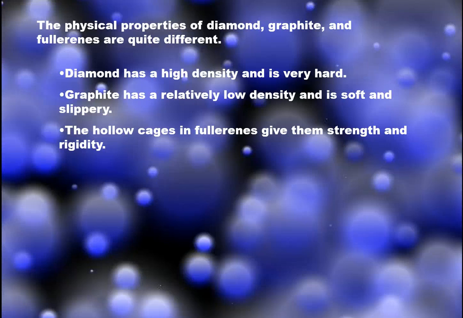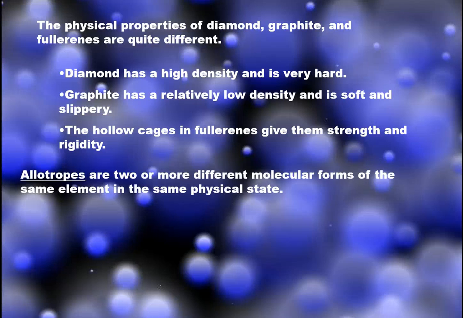Graphite is fairly low density and is very soft, as you know, because when you're writing with a pencil made up of graphite, it can break very easily. And the hollow cages in the fullerenes give them strength and rigidity, but they're very, very small, so they're able to travel through plasma membranes. That's how they're used to deliver medicines across the plasma membranes.